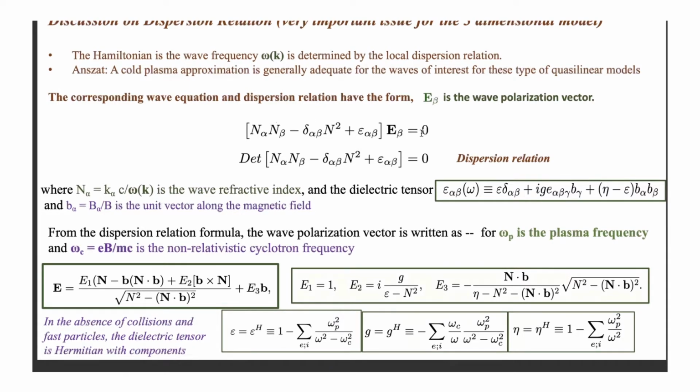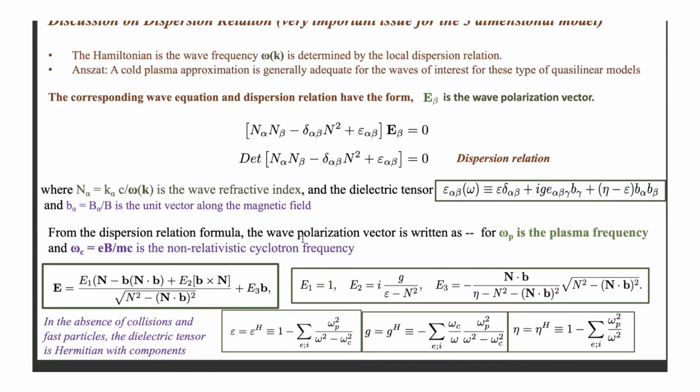So it gives a sort of quadratic polynomial on the components of this vector. The vector has components E1, E2, E3, and it's actually not a quadratic polynomial, it's a fraction.